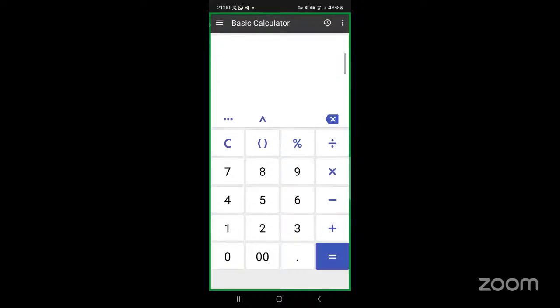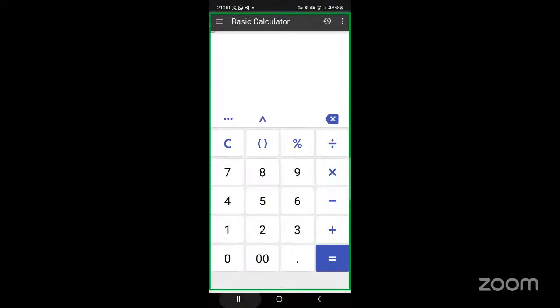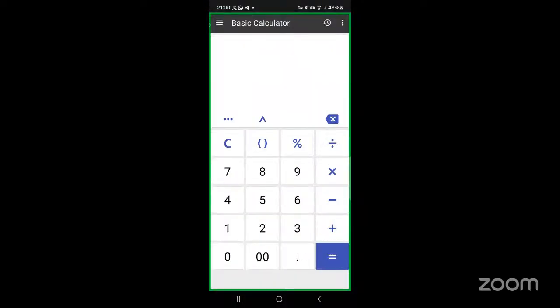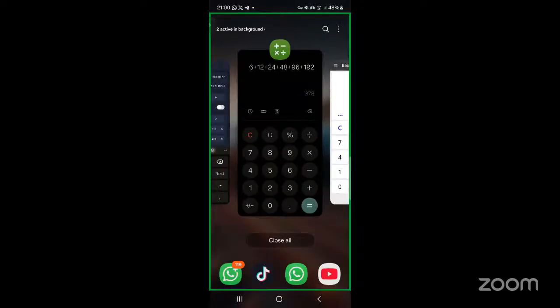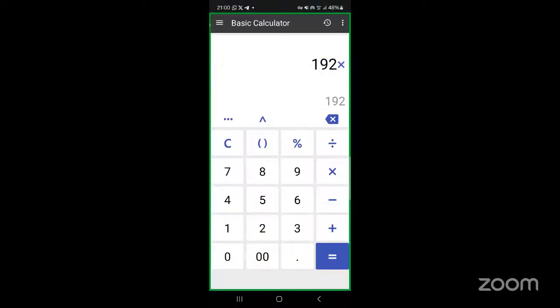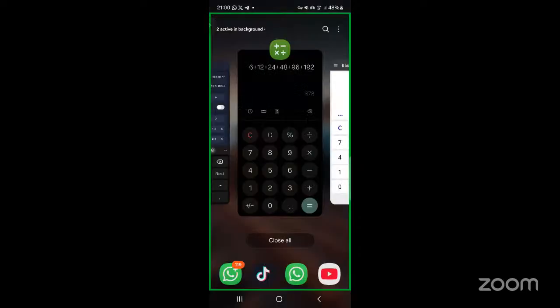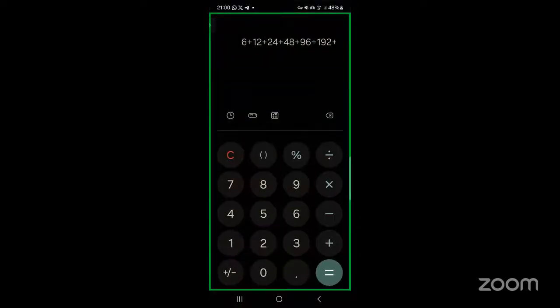So I've said 96 times 2, 192. I've got that right. 192 times 2, 384. So we add 384.